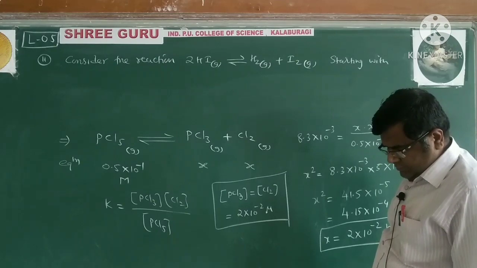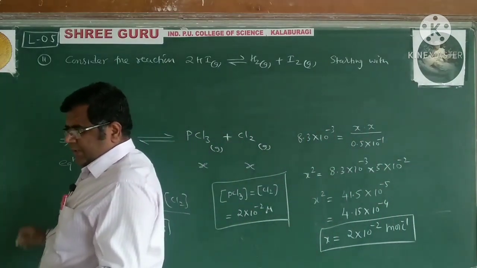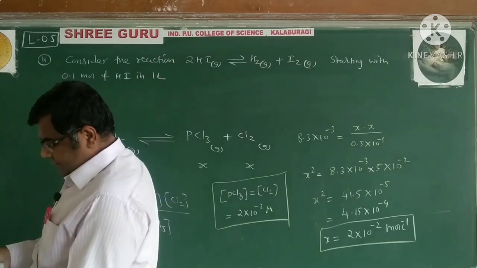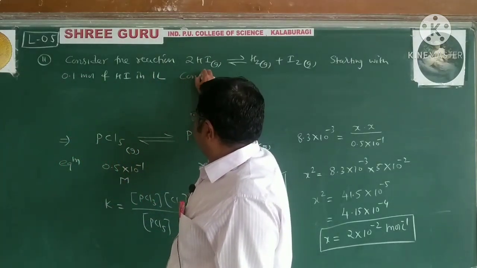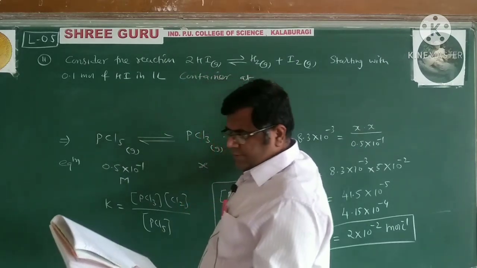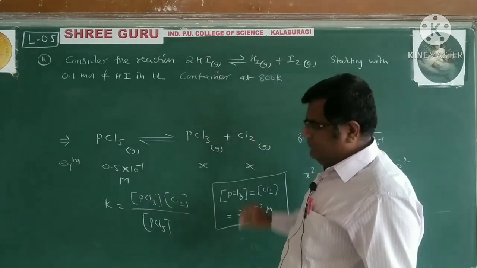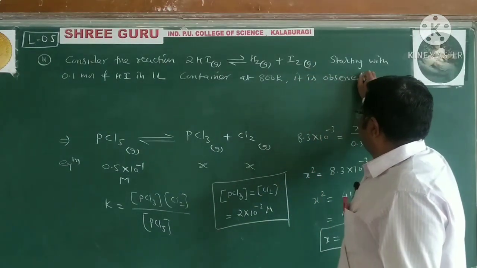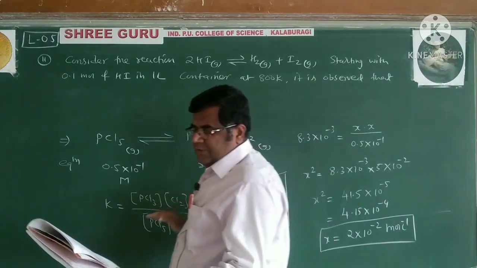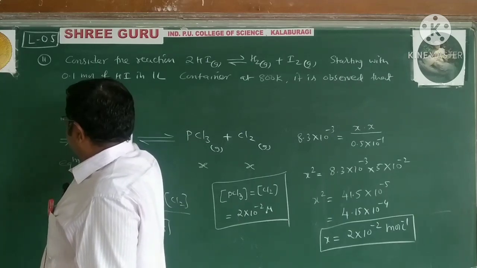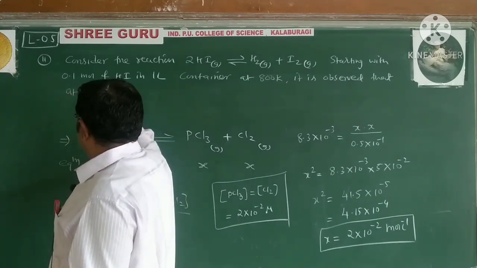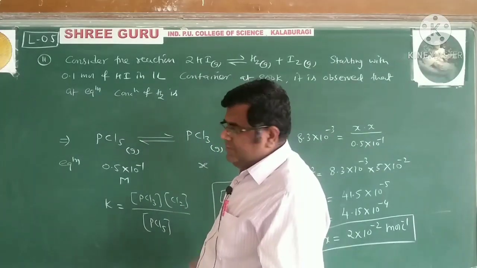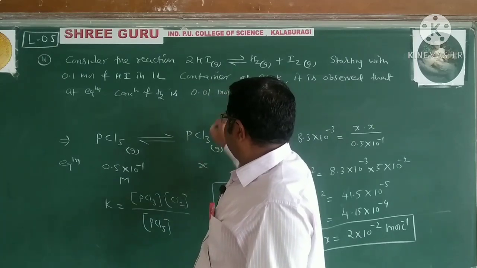Starting with 0.1 mole of HI in 1 liter container at 800 K, it is observed that at equilibrium the concentration of H2 is 0.01 mole per liter.